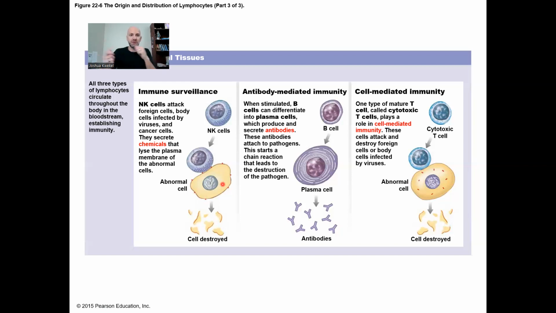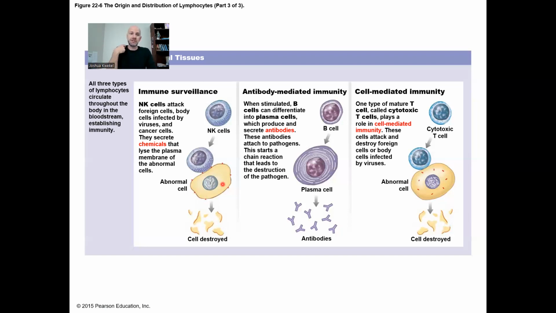So if someone goes around checking, hey, can I see your documentation? Yep, here are my documents, I'm supposed to be here. That's the way cells act toward natural killer cells, because they're always showing, here's my documentation, I'm supposed to be here. And then the natural killer cell checks it out. Yep, that's appropriate, and then they keep moving.